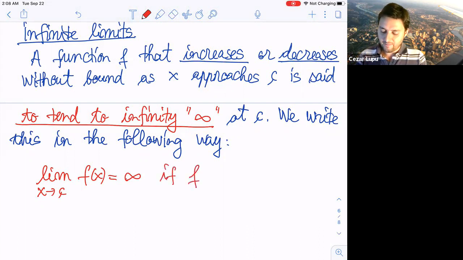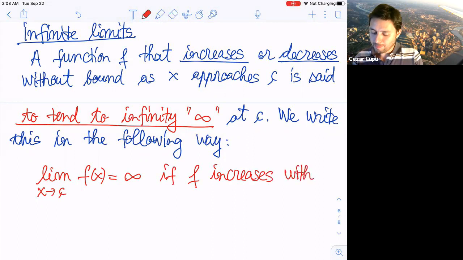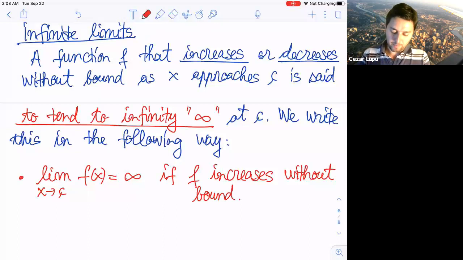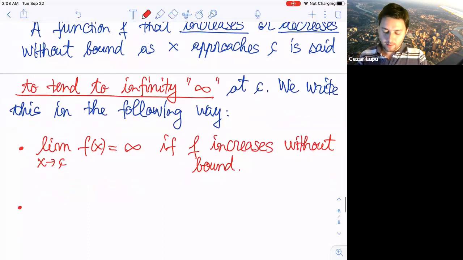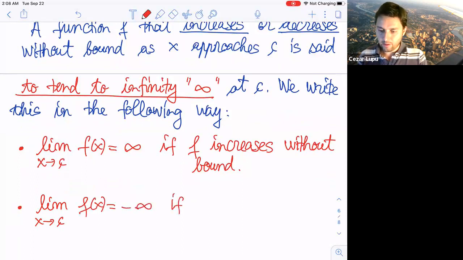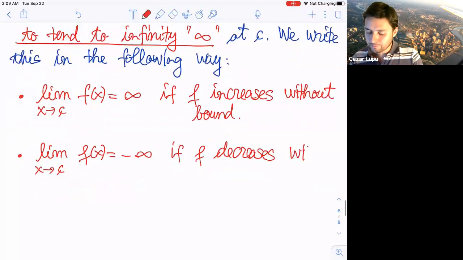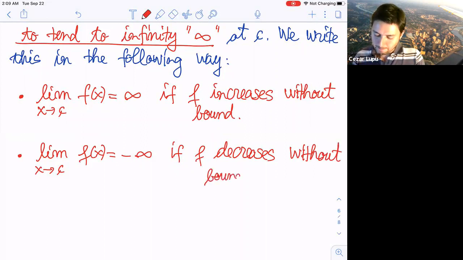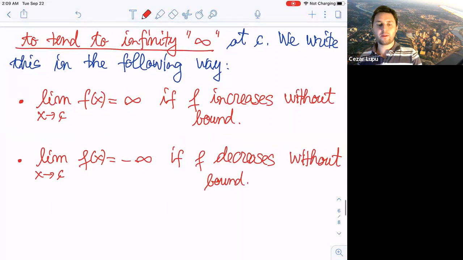If f increases without bound, right? And we're going to write the lim equals negative infinity if f decreases without a bound. Right? This is how we're gonna write.